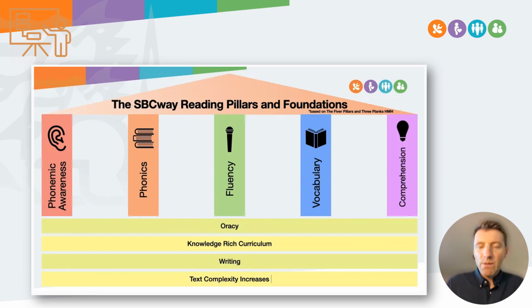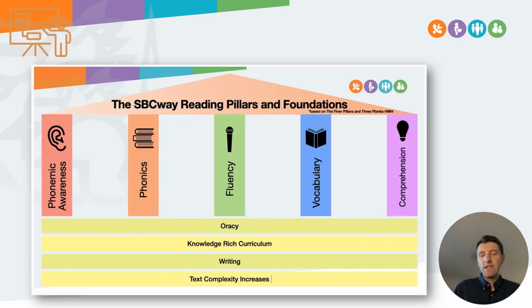It's also important to remember that fluency is just one bit of reading. Our reading breakthrough curriculum is built on a wealth of literature. So we've got the 5 pillars from the National Reading Panel that was from America back in 2000. We've got Scarborough's reading rope in there. We've got the simple view of reading. All of these things have then led to what we're calling our pillars and foundations.